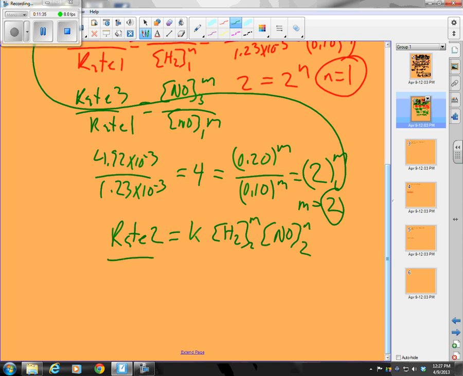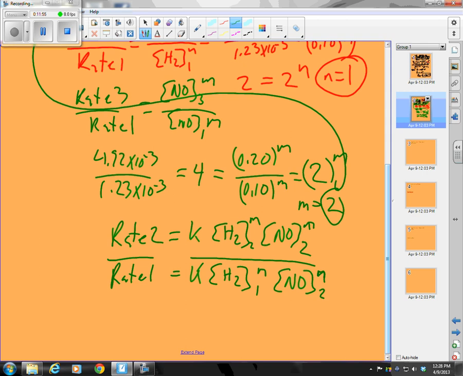And then we're going to set up a ratio for whatever rates. You may have to do this if they give you 3 different variables. Okay, that should be an M. Okay, good. Any questions on that? All right, moving on.